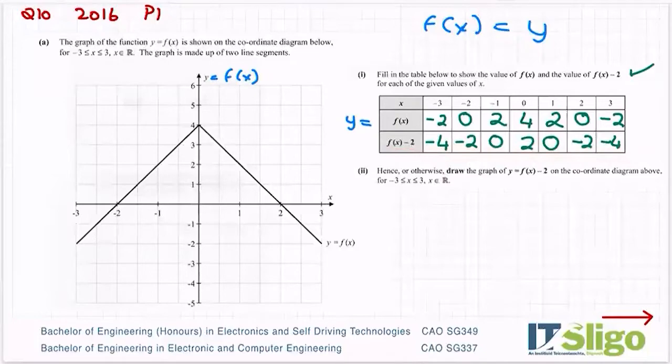So our couples are minus 3, minus 4. For this one, it's minus 2, minus 2.